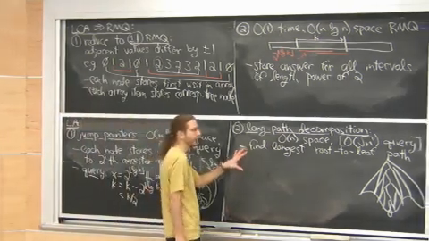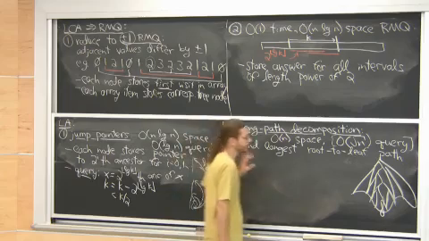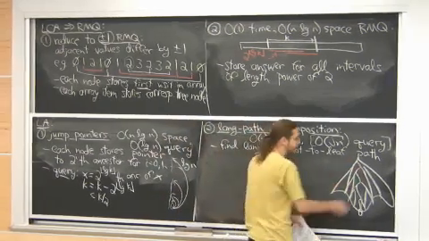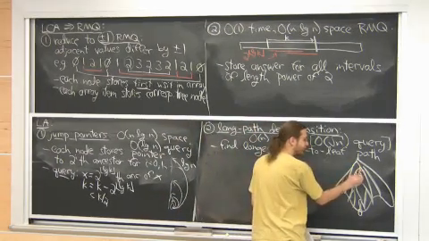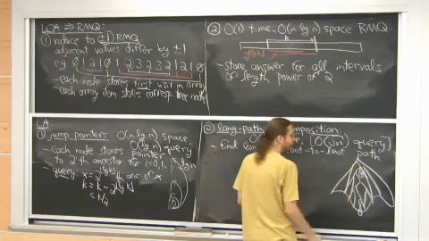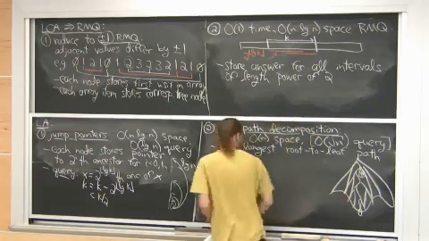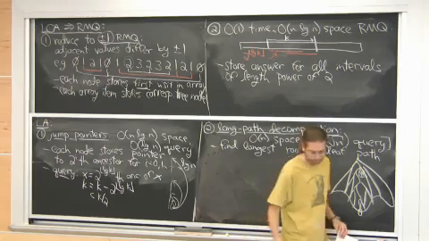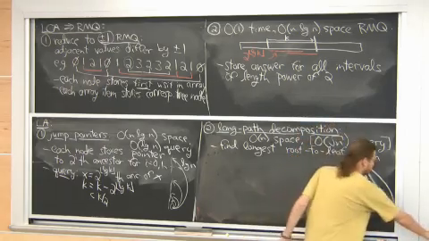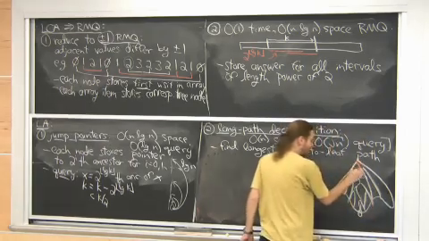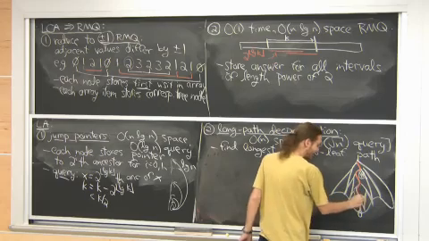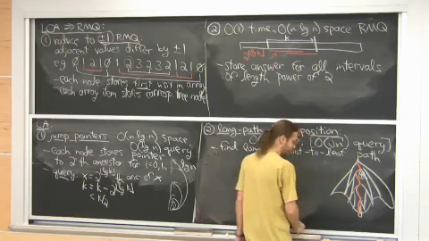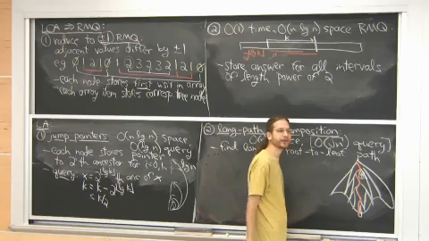Here also, I want to handle non-binary trees. So I'm going to draw things hanging off, but in fact, there might be several things hanging off here, each their own little tree. But the point is, here's my red path. There was this one path in the beginning, the longest path, and then there's stuff hanging off of it. So just recurse in all the things hanging off of it.